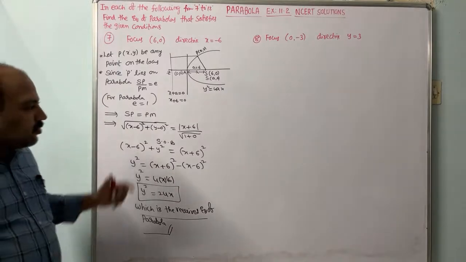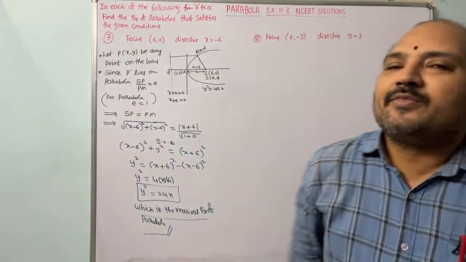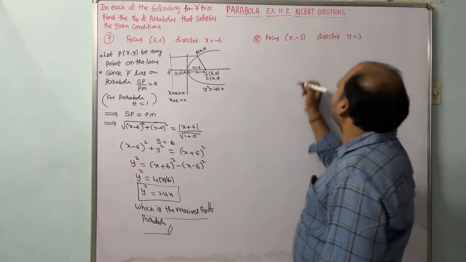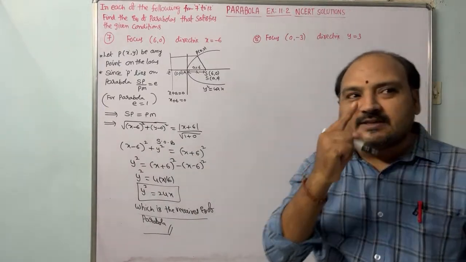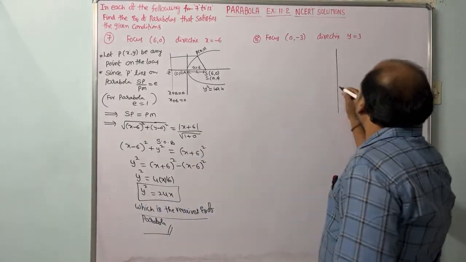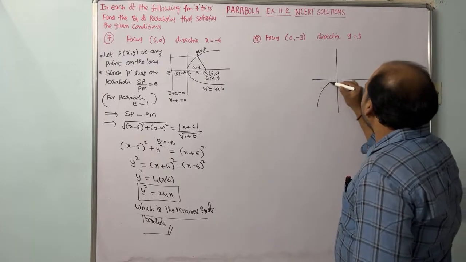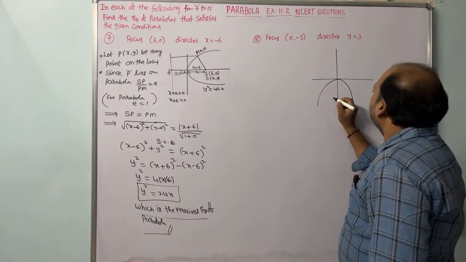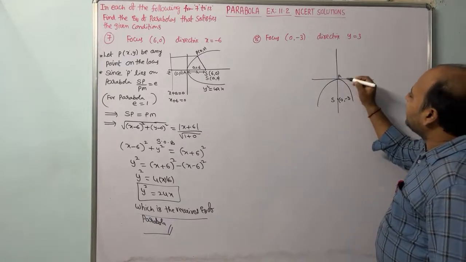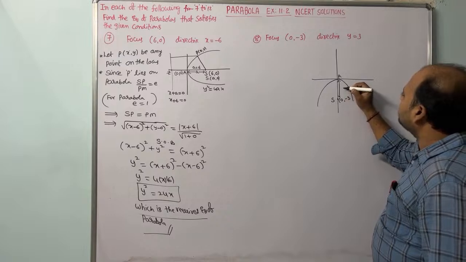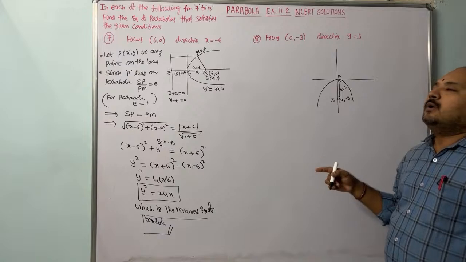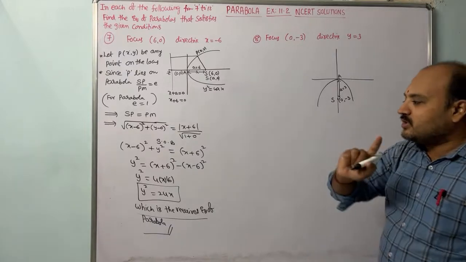Okay, dear students, we'll move on to another question. Here the focus is (0, -3), the information. (0, -3) means it is lying on the negative y-axis. So based on that you can take the figure like this, dear students. This is the focus (0, -3), and obviously this is the vertex. From here to here how much distance is there? a is equal to 3. When you are taking the value of a, it is always greater than 0, keep in mind.